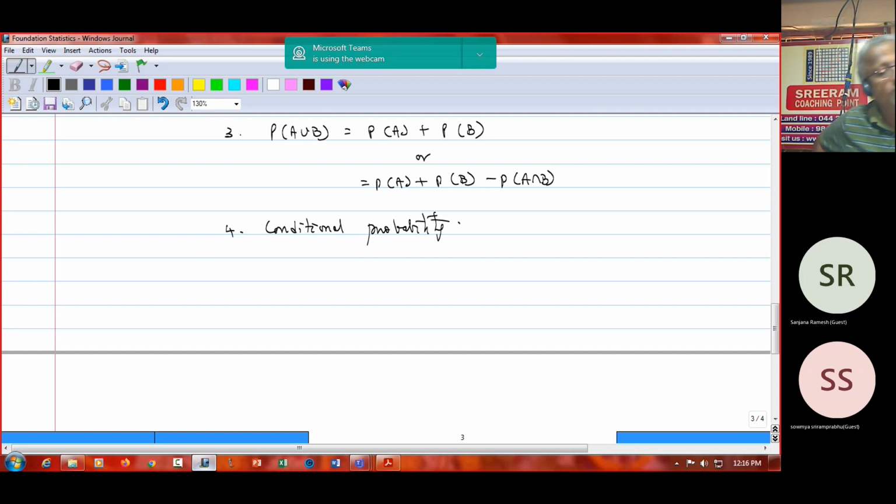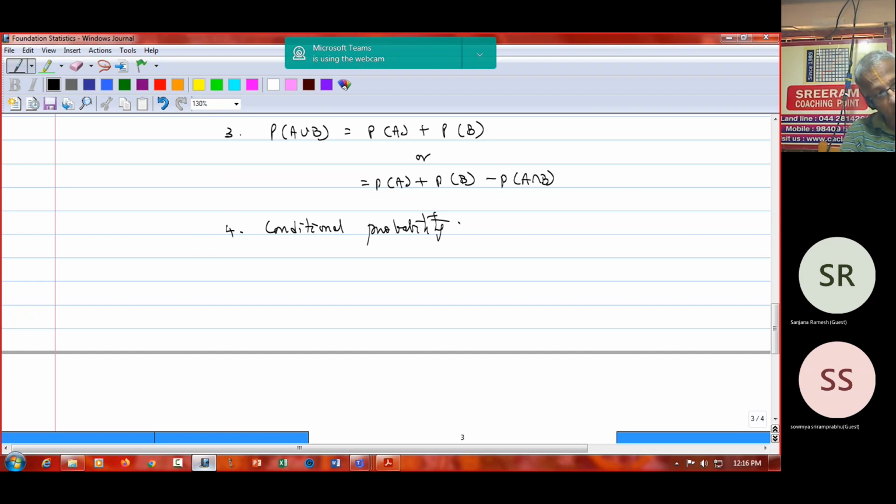Maybe the probability of getting, like conditional problem, like tossing coin itself. Tossing coin.